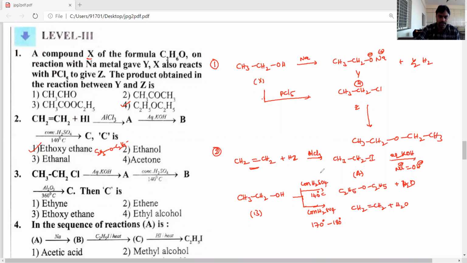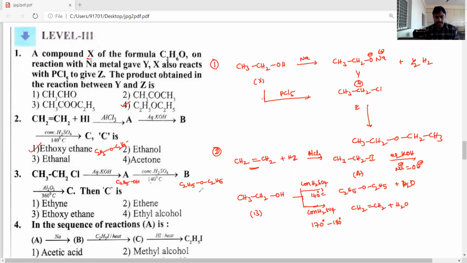It's very important. Okay students, let's see the third question in the same way. Ethyl chloride treated with aqueous KOH, the product is ethyl alcohol, C2H5OH. Ethyl alcohol treated with concentrated H2SO4 at 140 degrees gives diethyl ether, C2H5-O-C2H5.